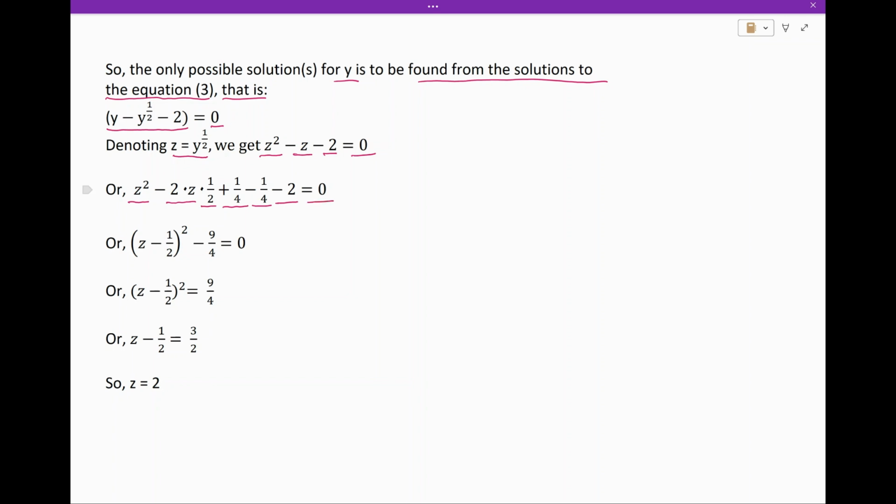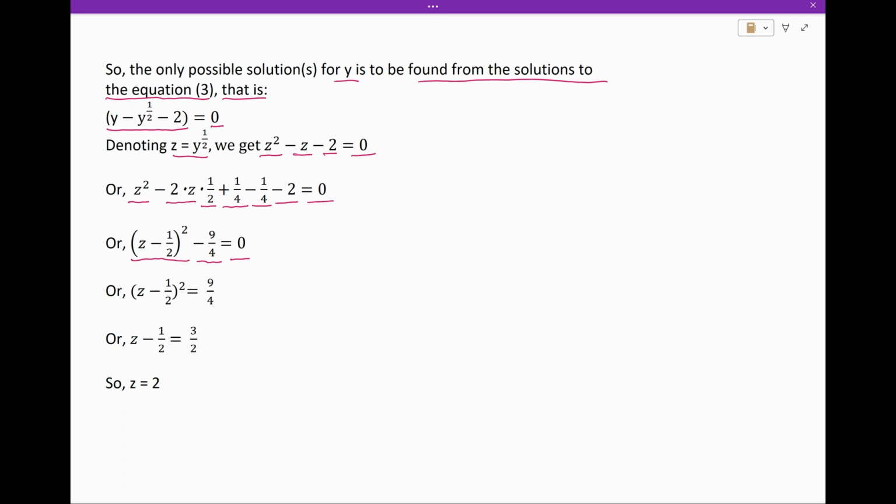Please check that we have not changed the value of the left hand side of the equation. We have only rearranged terms so that it can be expressed as the difference of two squared terms like z minus half squared minus 9 by 4 is equal to 0.